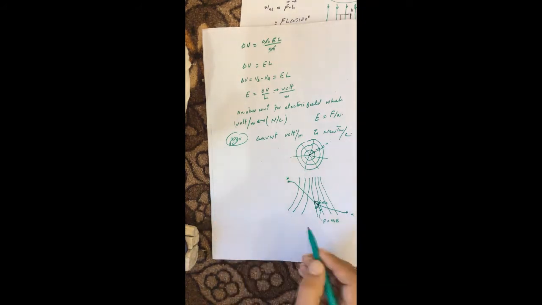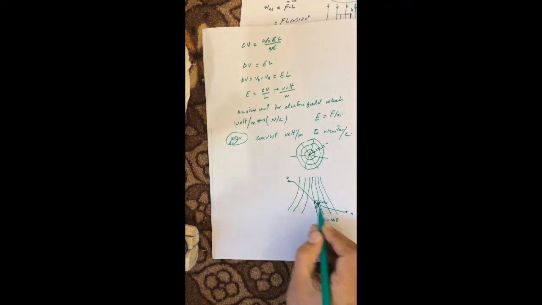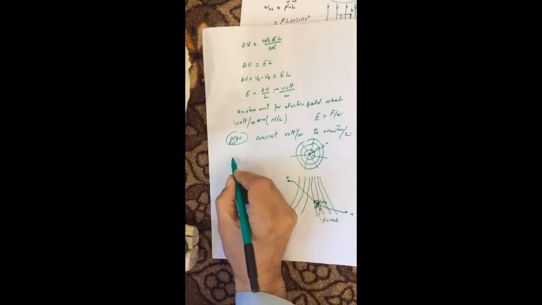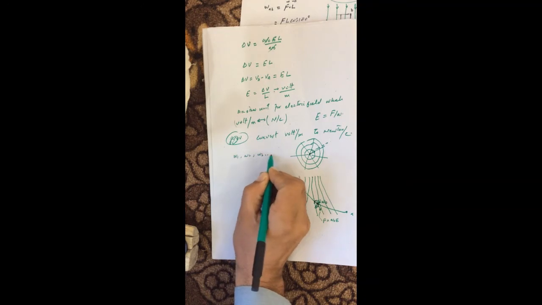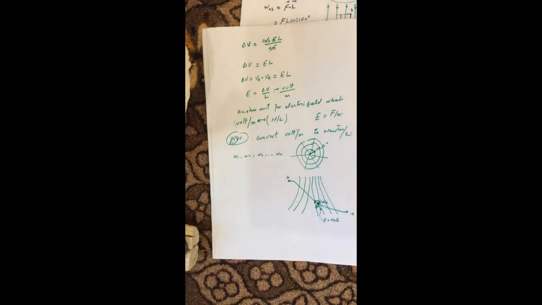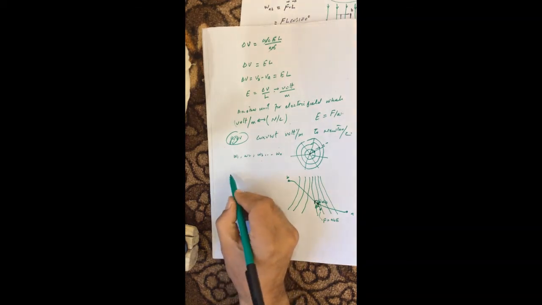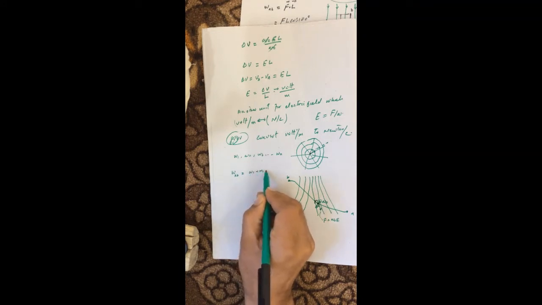Like, we divide this path into small pieces or slices. So we have to calculate W1, W2, W3 up to, let's suppose we have 10 pieces, Wn. Then we can calculate the total work done from A to B, which will be equal to W1 plus W2 plus up to Wn.